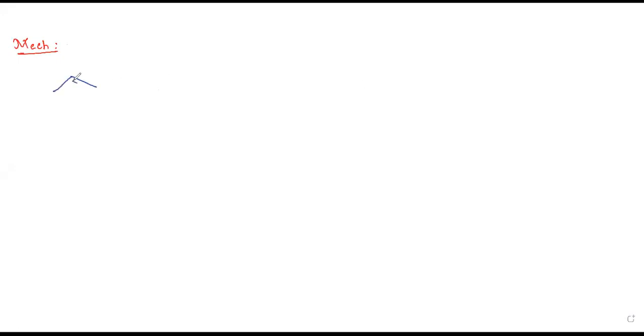Look at this mechanism. The first step is addition of H plus. Markovnikov. Of course, the same, no big issue. Get the negative thing here, positive thing here. That's it. Simple addition. We get a positive charge here. Of course, H plus is being added.